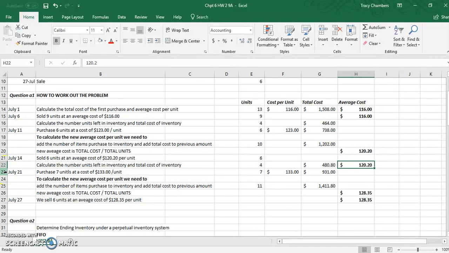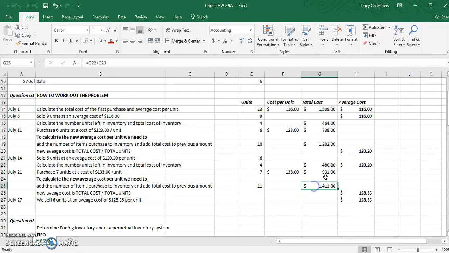On July 21st, we purchased 7 units at a cost of $133 per unit. So we have 7 units at $133 each, gives us $931 total cost. So now to calculate again our new average cost per unit, we have to take the 4 that we had in stock, add 7, which gives us a total of 11 units.